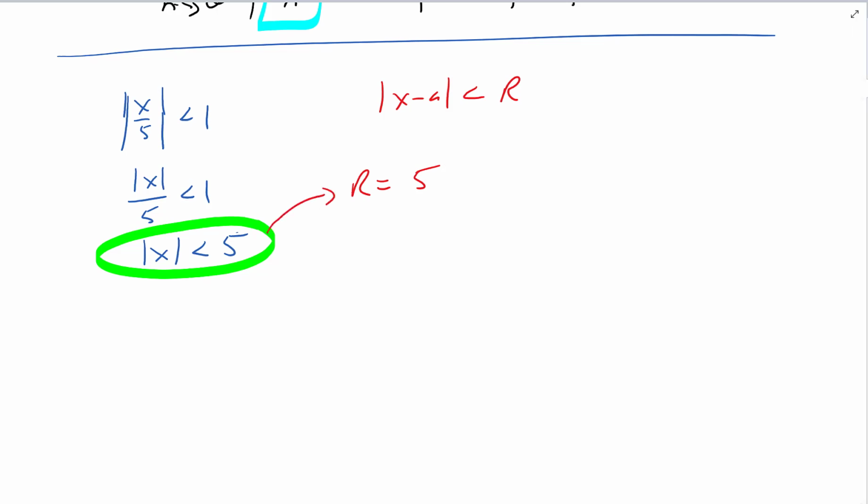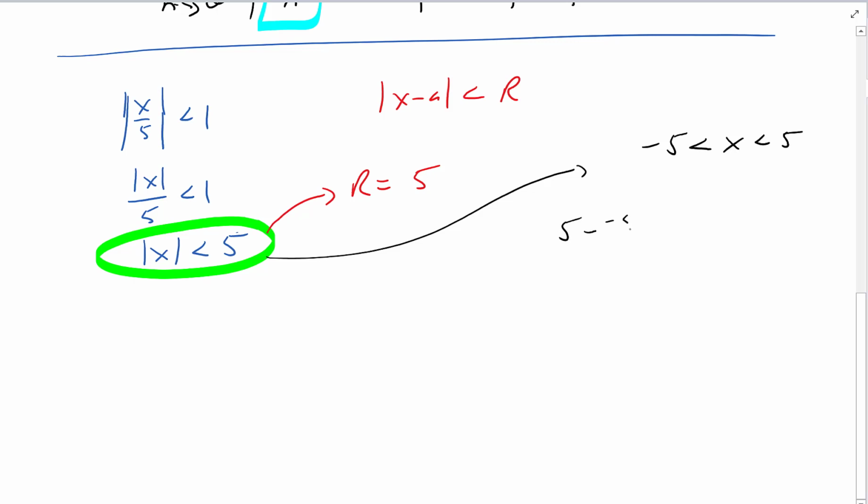Now I could have rewritten this as minus 5 less than x less than 5, and looking at this and saying, well, if I take 5 minus a minus 5 and divide by 2, now what is 5 minus negative 5? Well, that's the length of that interval. And so 5 minus a negative 5, that's 10 divided by 2 is once again 5.